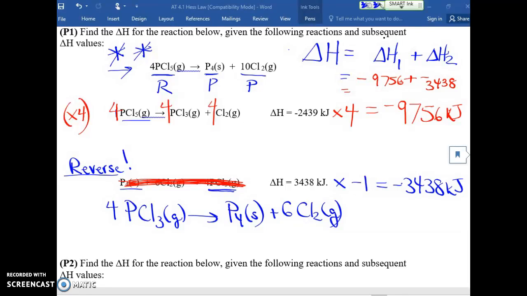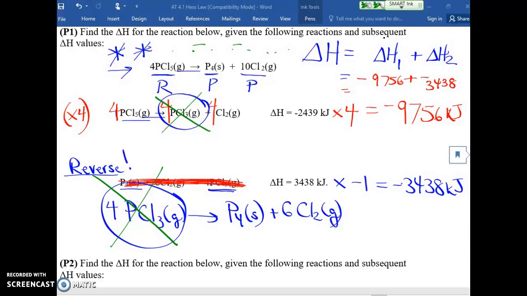Notice, I have 4 PCl3 gas on the product side, and I have 4 PCl3 gas on the reactant side. Notice, Mr. Reese, they're on opposite sides, so those cancel out. Why is that important? Because I don't have any PCl3 gas in the finished formula.